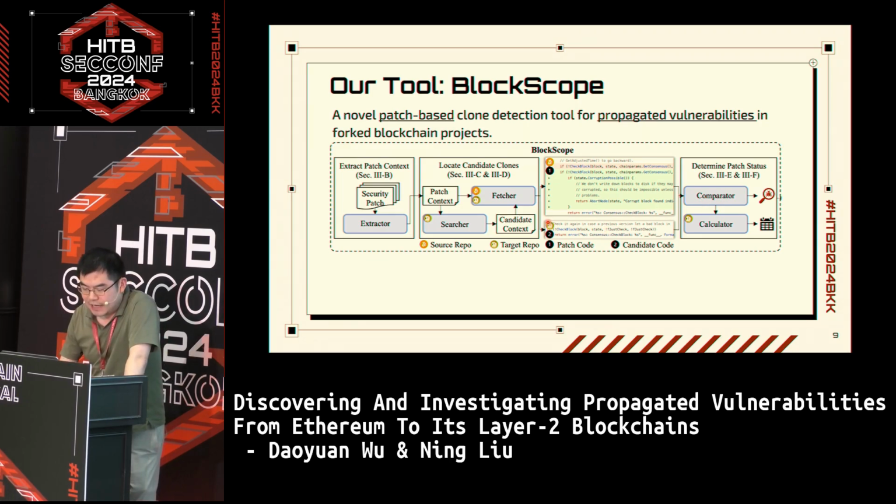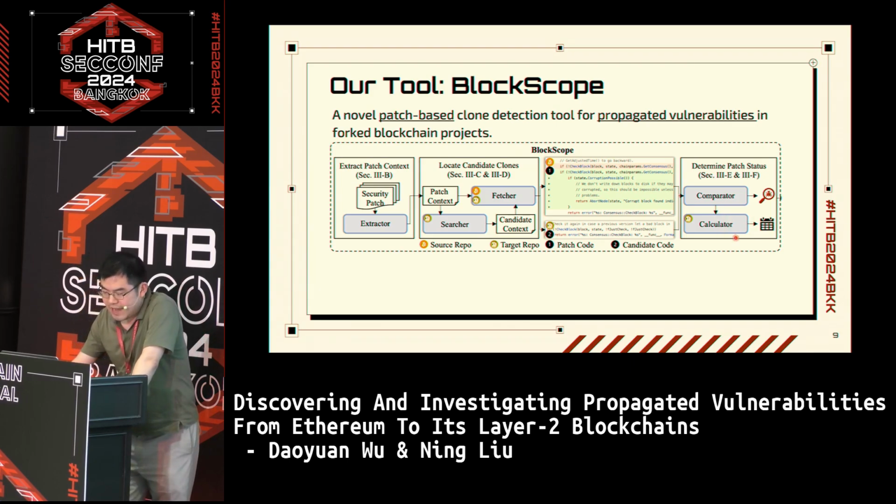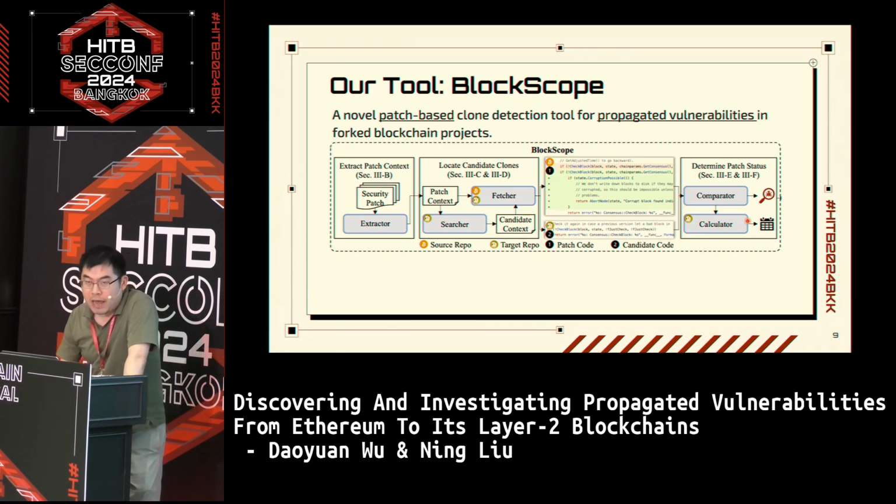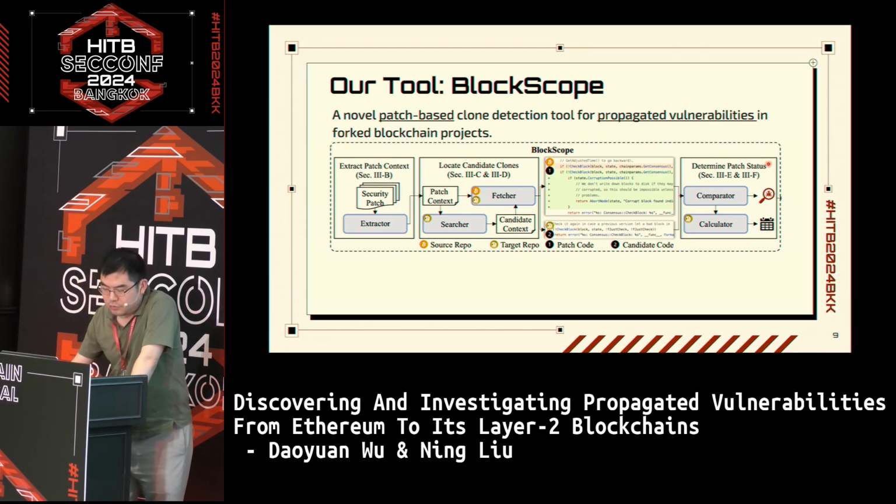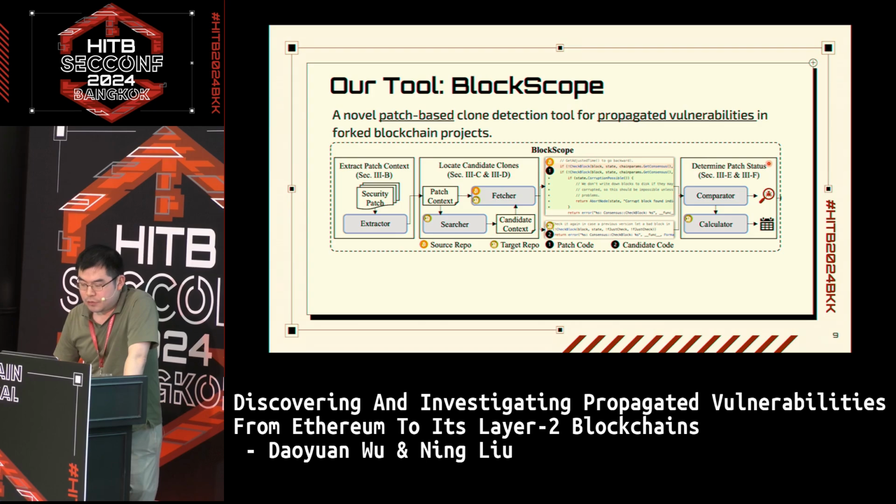Then we can decide whether Dogecoin has already successfully applied the patch or not. So we can decide it is vulnerable or it is already patched. If it is already patched, we further analyze in which commits this patch has been applied, so we can conduct a security study.